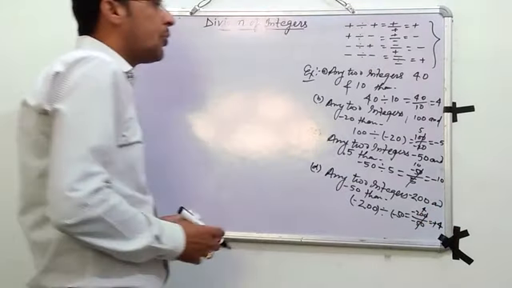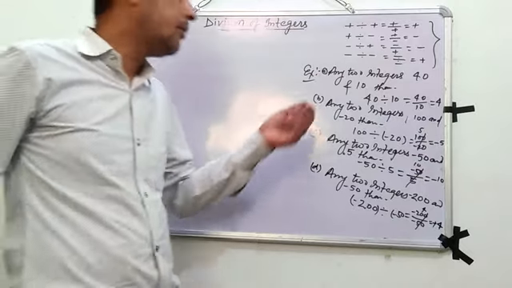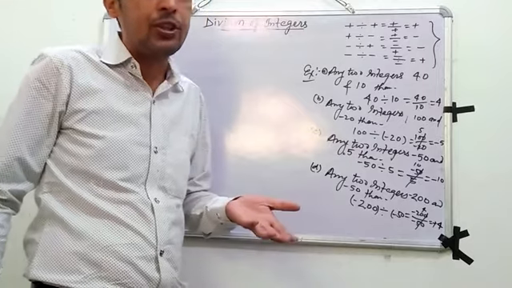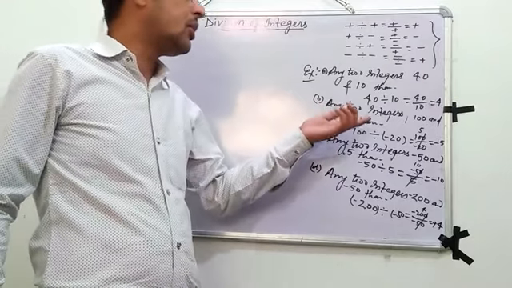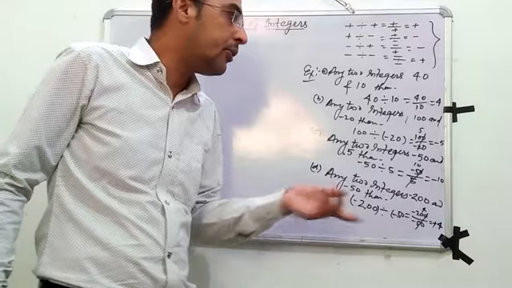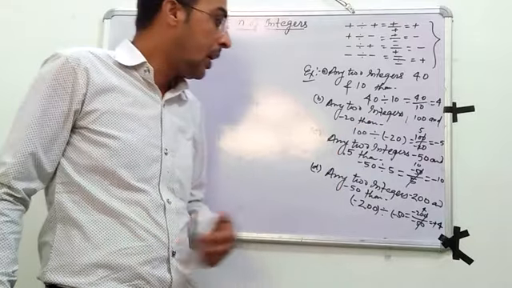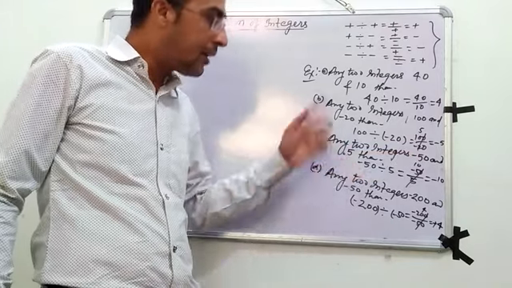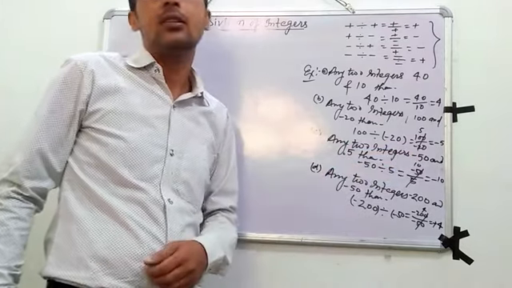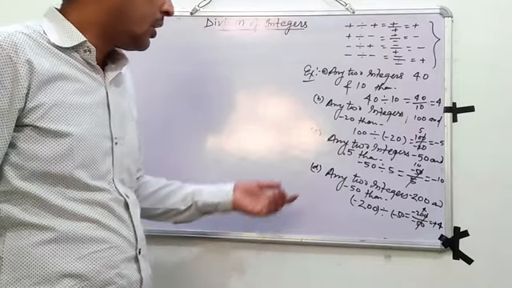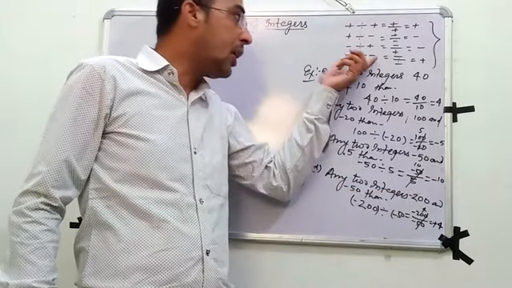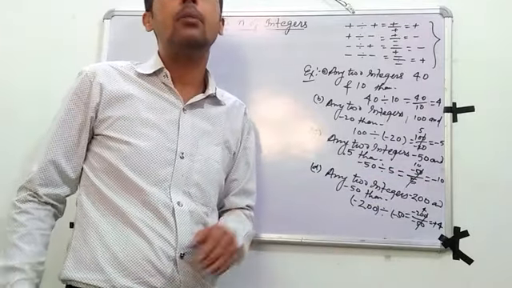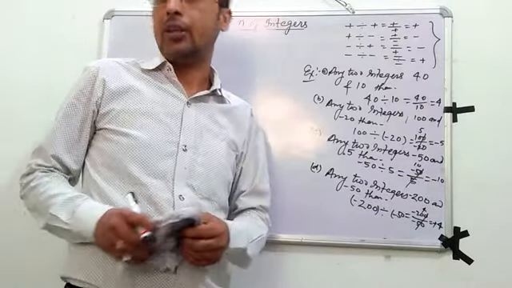So we can say that any two positive integers, their division is always positive. Any two integers, one is positive, another is negative, their division is always negative. Any two integers, both negative, their division is always positive. You have to remember these signs, very important.